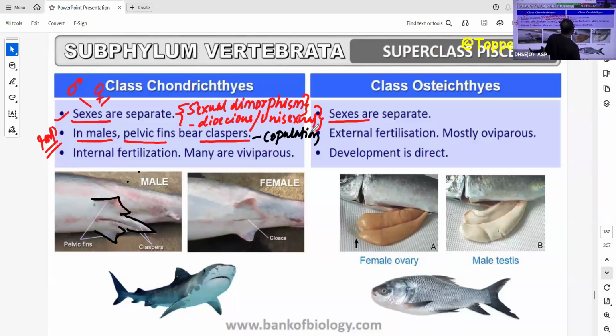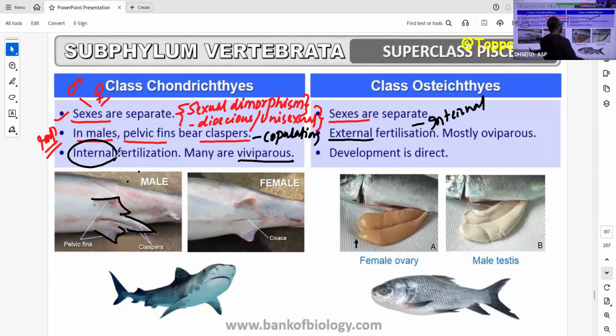In case of the bony fishes, normally the fertilization is external, or in certain cases even internal. But the difference is that in case of the chondrichthyes, you have a viviparous mechanism, so fertilization has to be internal.